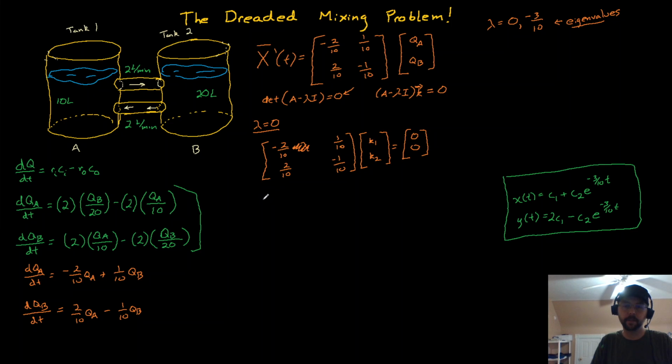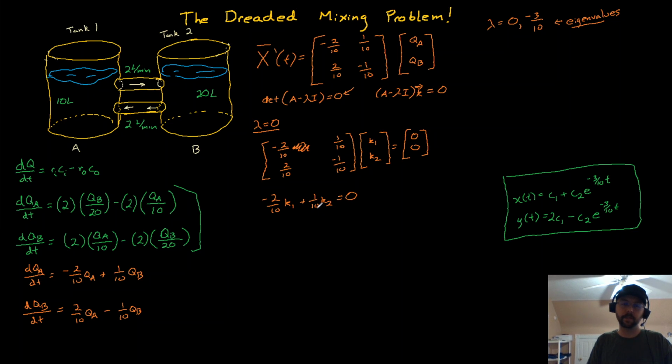So we have negative 2 over 10 k1 plus 1 over 10 k2 equals 0. And now we solve for k1 and k2, but you'll notice that you can't actually solve this equation because there are two unknowns. So you're not looking for a solution, you're looking for a ratio between k1 and k2.